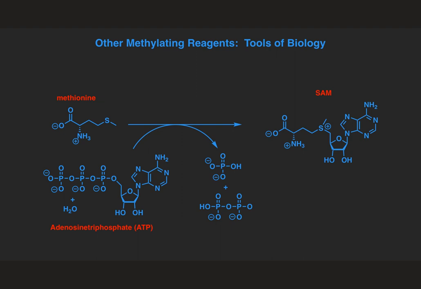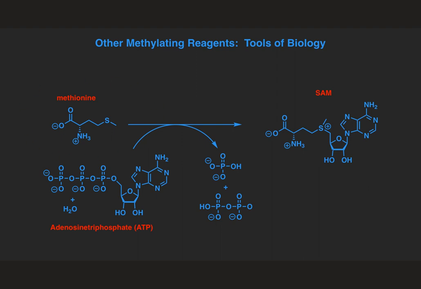Well, chemists don't often use sulfonium ions as methylating reagents. Biology does. Biology uses sulfonium ions to methylate things like nucleic acids and proteins and amines in their biosynthesis. And these alterations can be important in the function of the molecules being made. And to do this, biology uses the amino acid methionine.